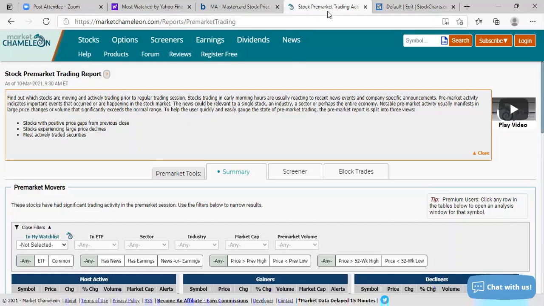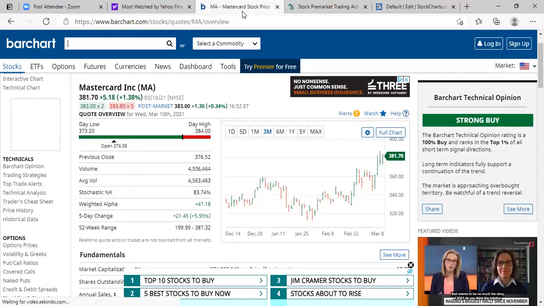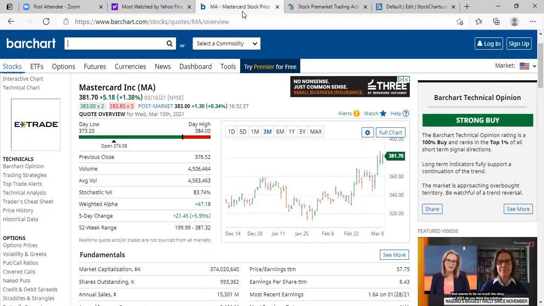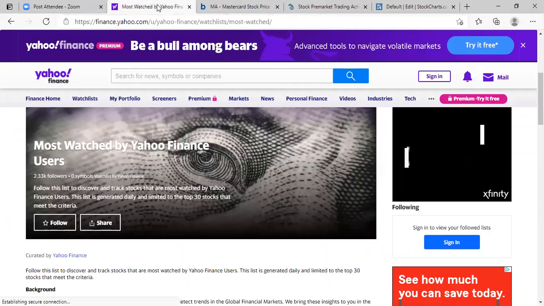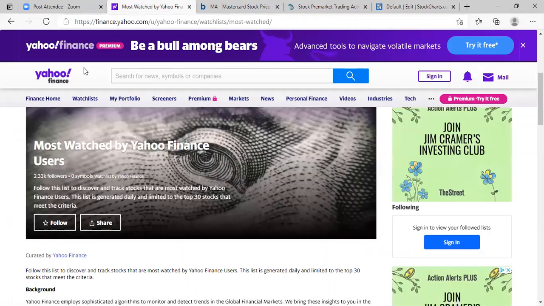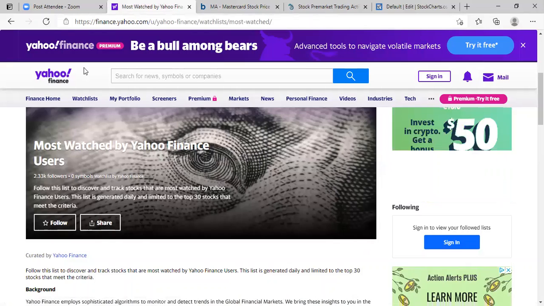If you're looking for information on stocks, like 52-week highs, 52-week lows, technical opinions on the stock, that's Barchart. If you're looking for stocks that are heavily watched right now by the community, that's Yahoo Finance.